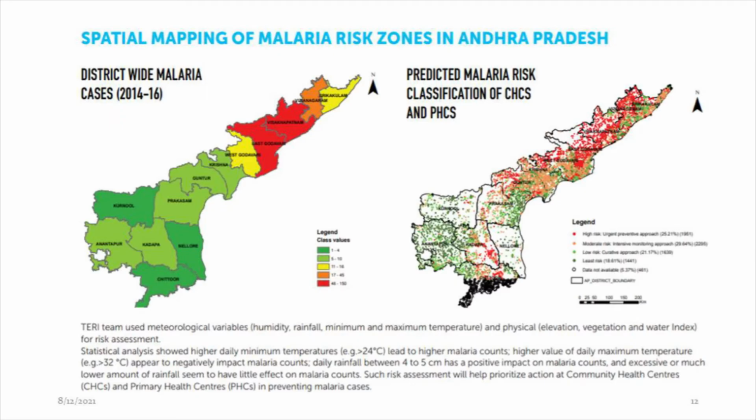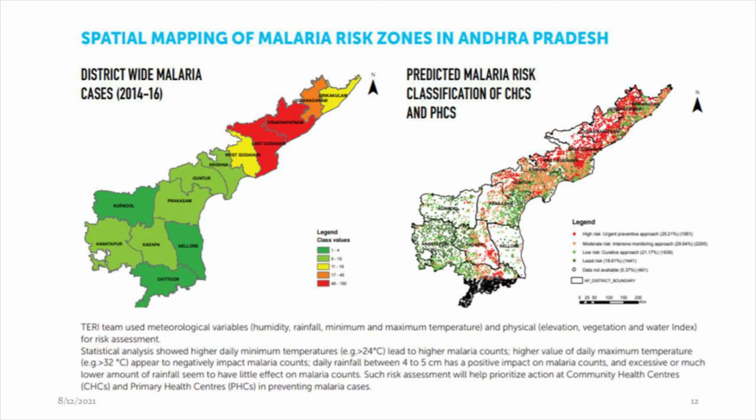This map depicts the risk of malaria in Andhra Pradesh. The map on the left depicts the district-wise distribution of malaria cases between the period 2014 and 2016. Darker green parts of the map depict lower proportion of malaria cases, while the red depicts the higher proportion of cases. On the right is the map depicting the malaria risk prediction based on the CHCs and PHCs.